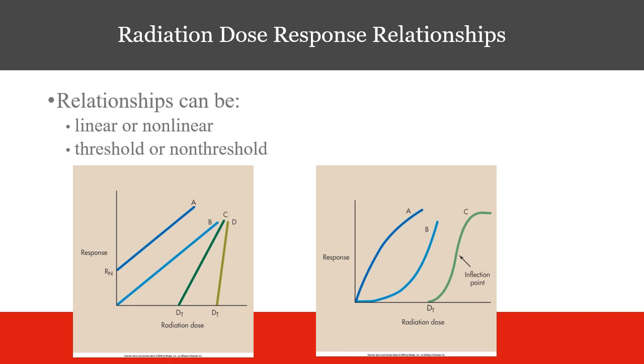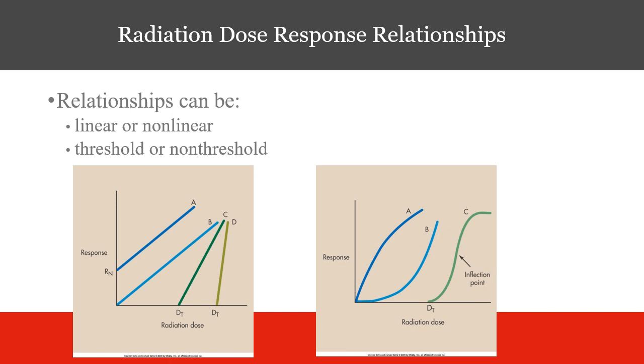The second thing we looked at is threshold versus non-threshold, and we're going to be defining these in the next slide. But non-threshold means that we're starting at a dose of 0. So A and B in both of these graphs, in blue, are both non-threshold. They began at 0. There's no dose. Even with A on the left-hand chart, where there's a straight line with an R sub N, that N stands for natural.